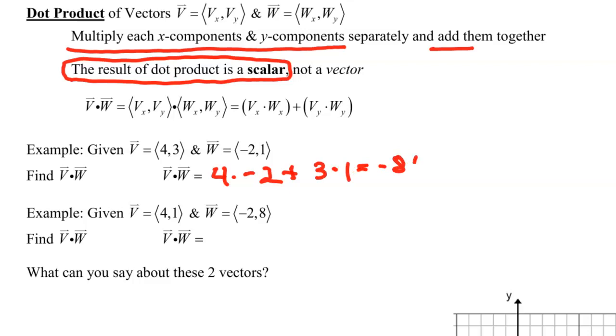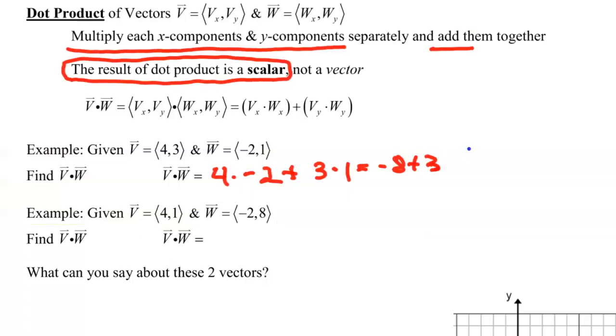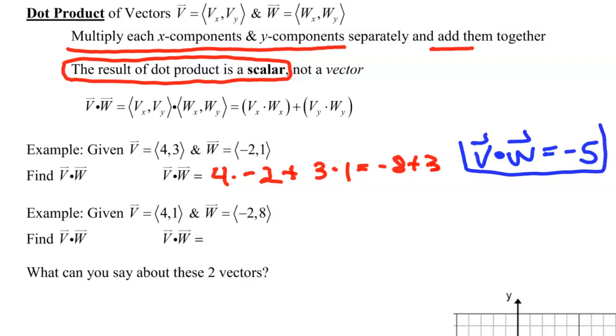I get negative 8 plus 3, and at the end I have v dot w is equal to negative 5. Okay, it is just a scalar. It is not a new vector. And we'll talk about how we use it in a minute.